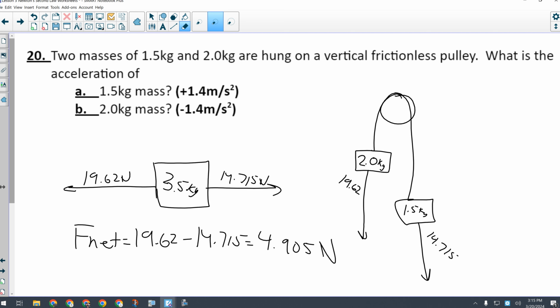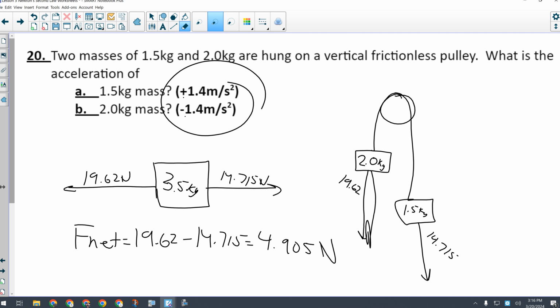Can I now calculate the acceleration of each box? And in fact, the acceleration of the system in general, because all of the parts of the system accelerate at the same rate. Maybe not necessarily in the same direction, but with the same magnitude at least, which is why we see one of those is positive 1.4 and one of them is negative 1.4.